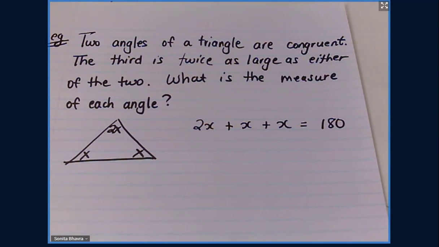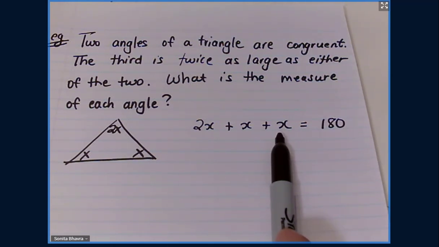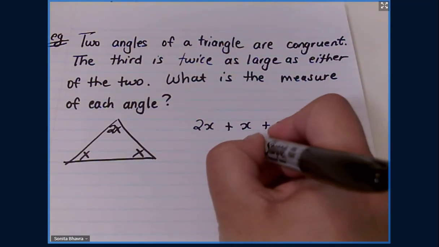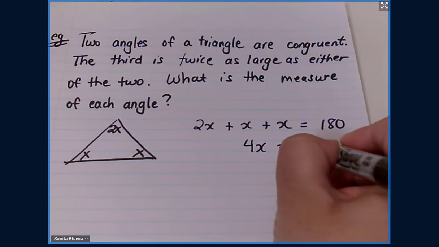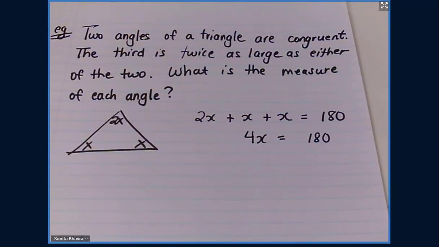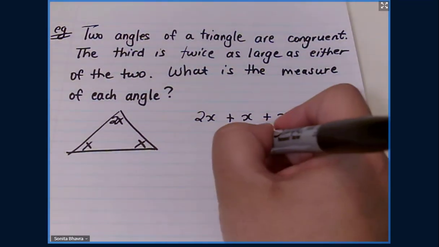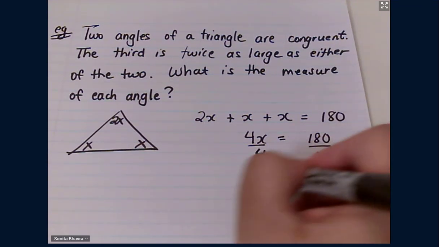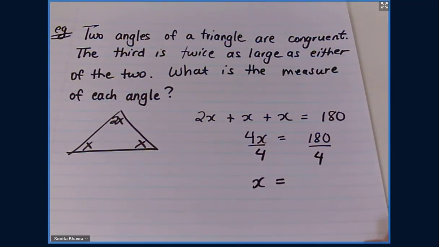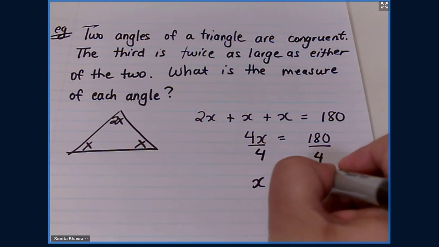Now we just have to collect like terms. So 2x plus 1x plus 1x gives me 4x is equal to 180. Then I just have to divide by 4, and that gives me x is equal to 45.